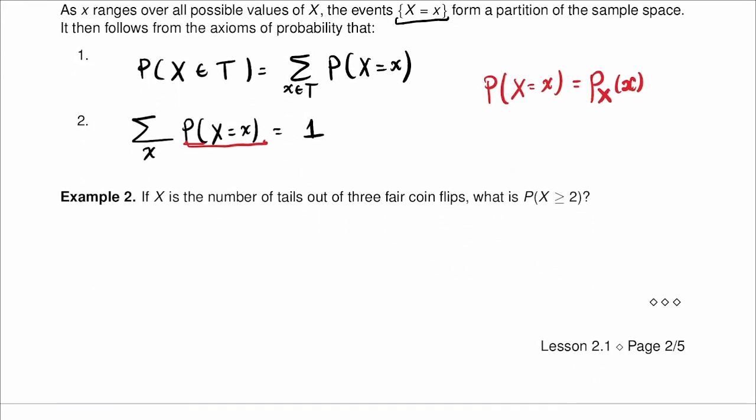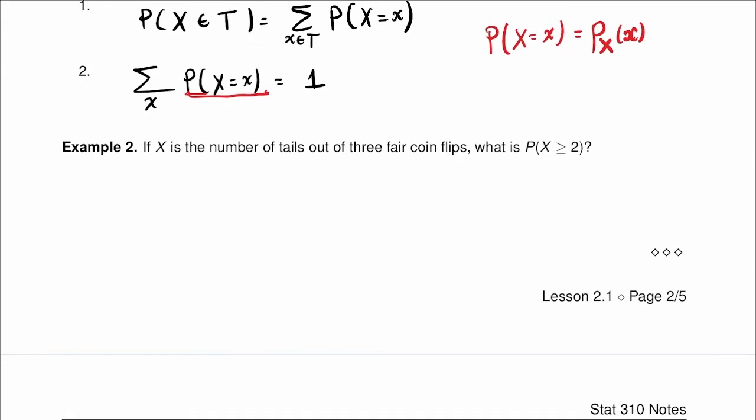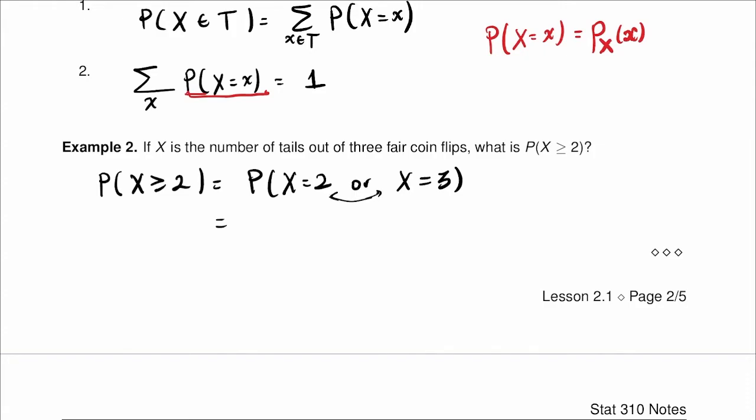Consider this example. If X is the number of tails out of 3 fair coin flips, what is the probability of X being greater than or equal to 2? Well, the probability of X being greater than or equal to 2 is the probability of X equal to 2 or X equal to 3. These two events are disjoint. So this is the probability of X equal to 2 plus the probability of X equal to 3.